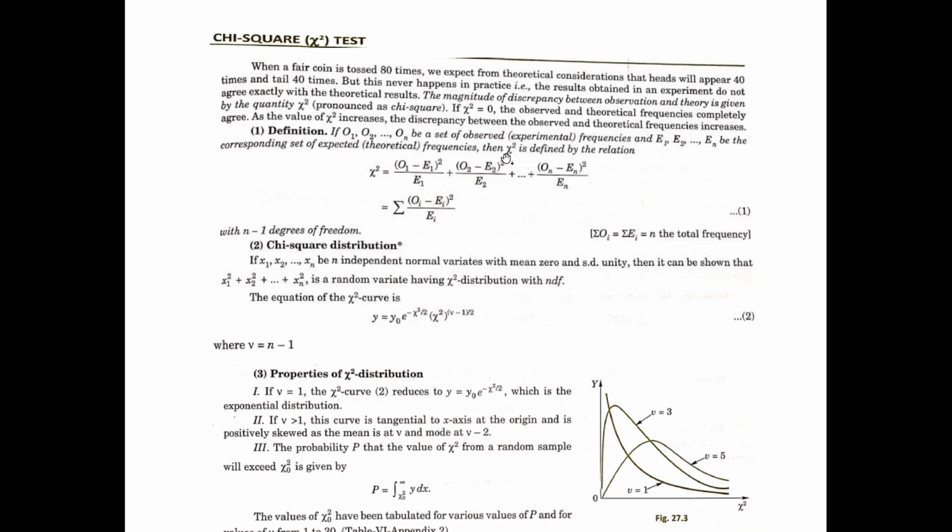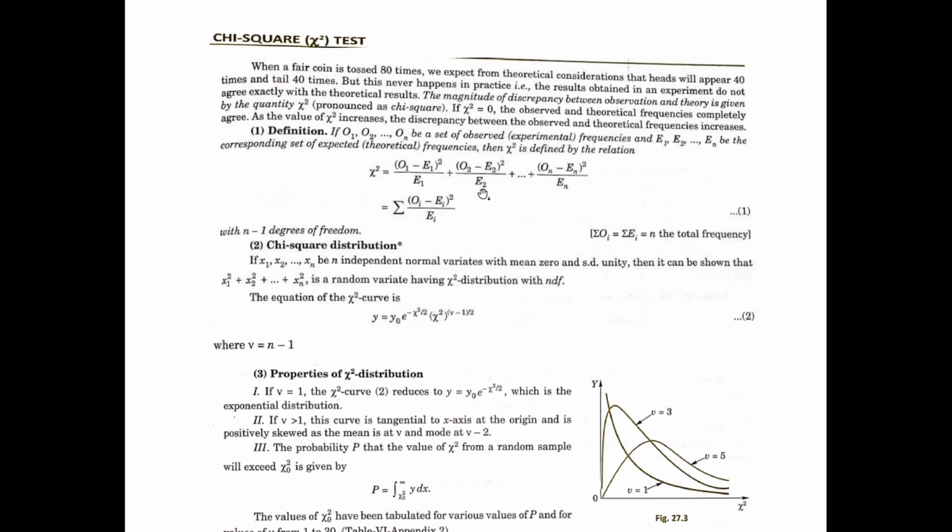So let's discuss the definition. If O1, O2, etc. On be a set of observed frequencies and E1, E2, etc. En be the corresponding set of expected frequencies, then chi-square is defined by the relation chi-square is equal to (O1 minus E1) whole square by E1 plus (O2 minus E2) whole square by E2 plus etc. (On minus En) whole square divided by En.